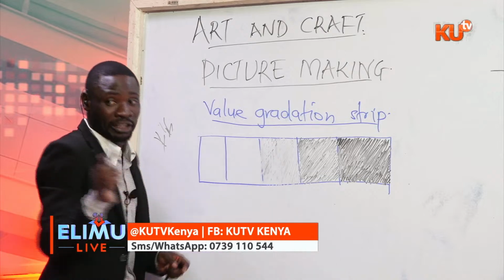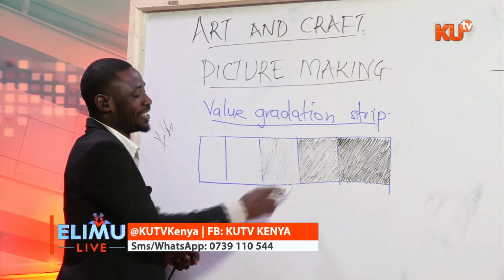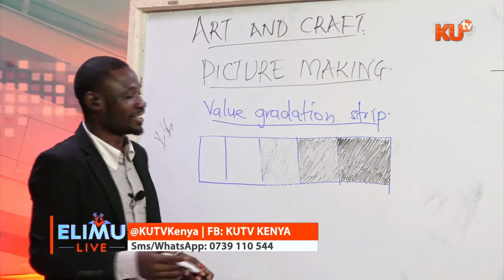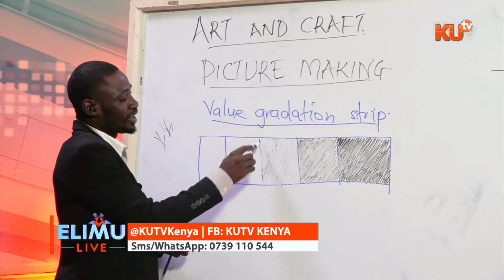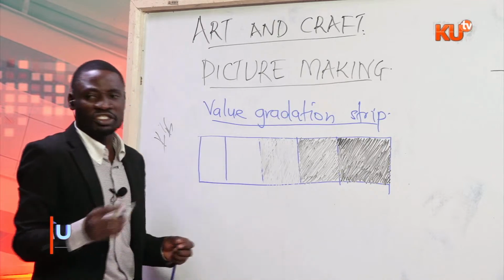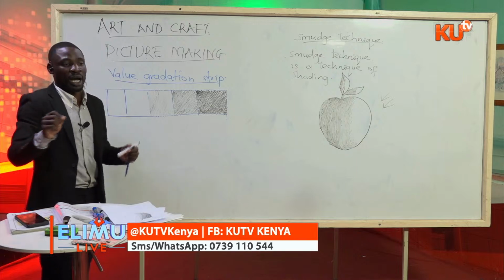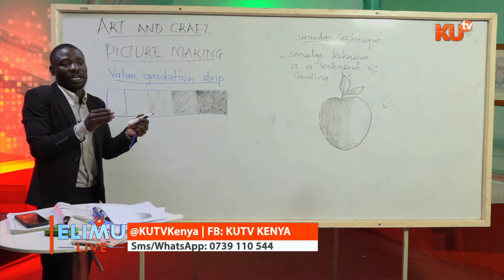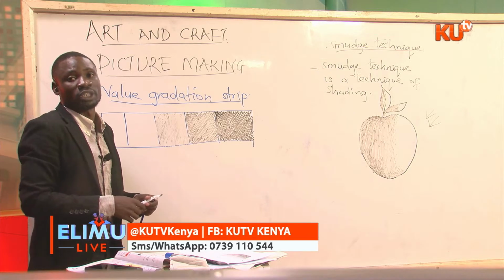If I look at your head right now, I can identify which part is darker and which part is lighter. Every form or item has a darker part and a lighter part. It all depends on where the light is coming from.